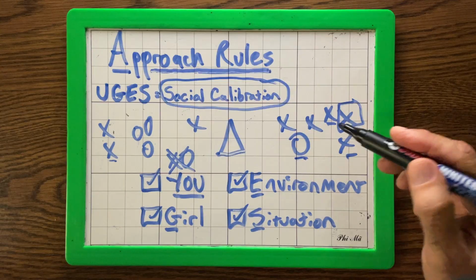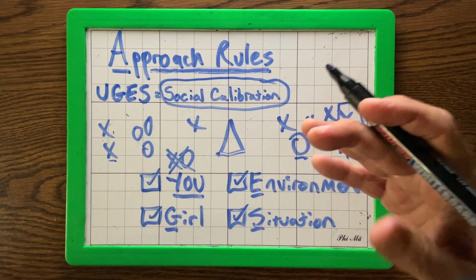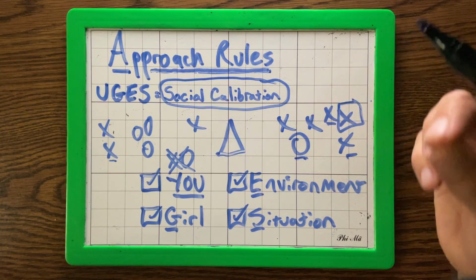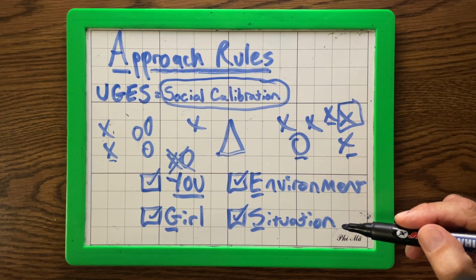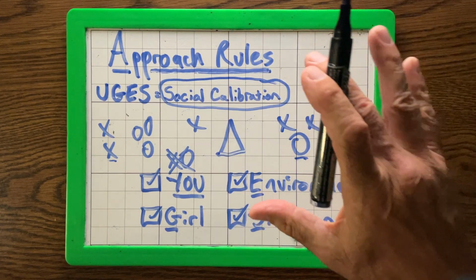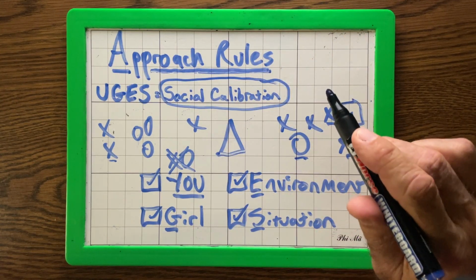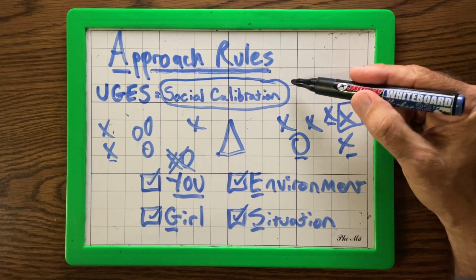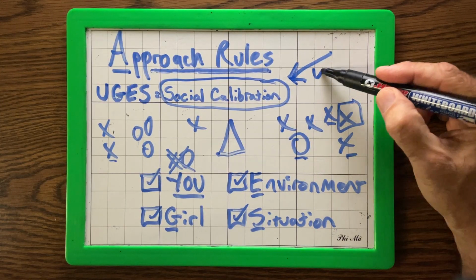In the same way, if this group is all inside a salsa club, you're going to do it differently to be socially calibrated for a high energy, loud environment versus if you're in a college campus in a library, then obviously you're going to really bring your energy level down. But the important takeaway here is that these 4 variables are going to determine your social calibration. Okay? The 4 variables.